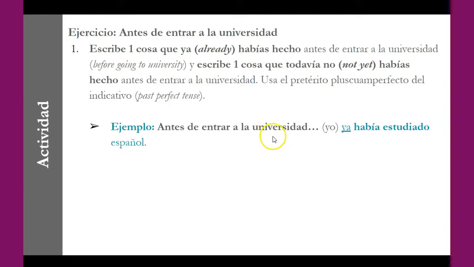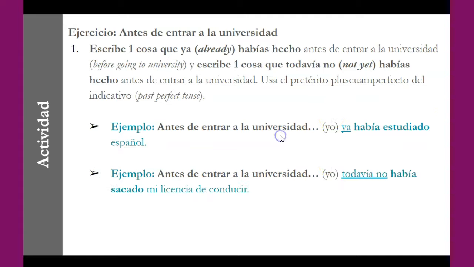Antes de entrar a la universidad, yo ya había estudiado español. Before going to university, or entering university, I had already studied Spanish. The next one is antes de entrar a la universidad, before going to university. Yo todavía no había sacado mi licencia de conducir. Not yet.